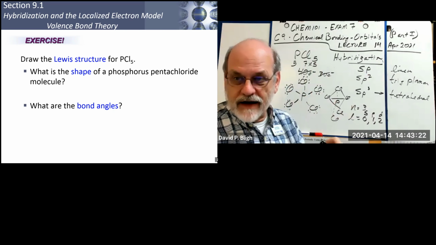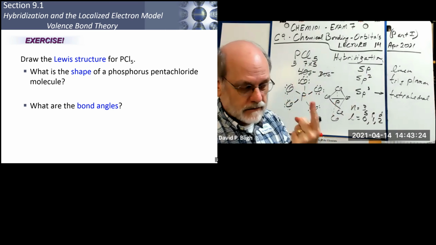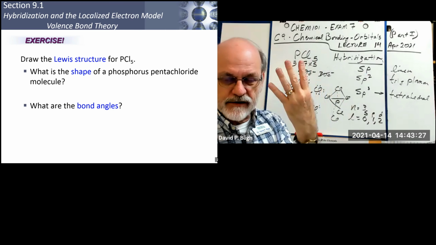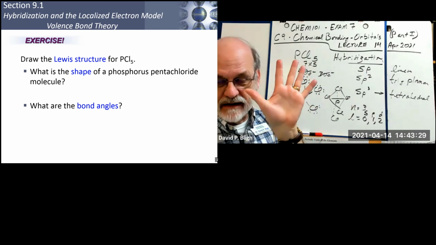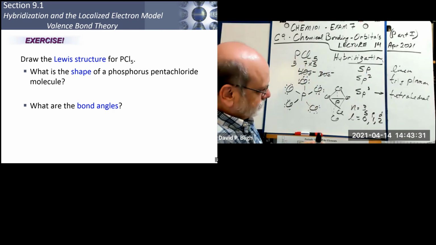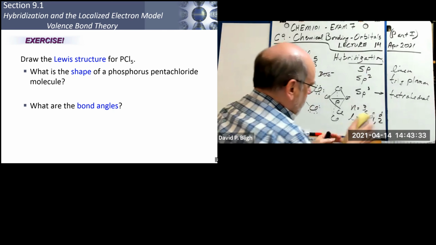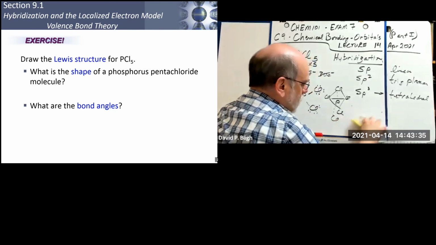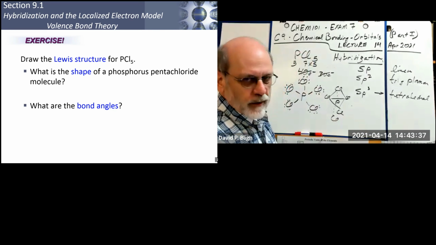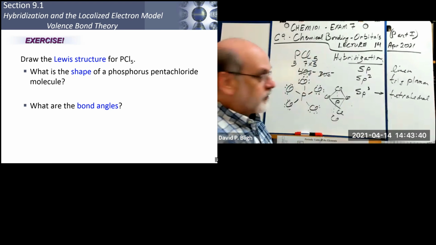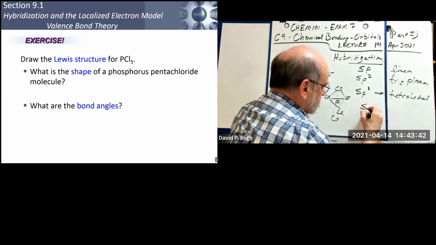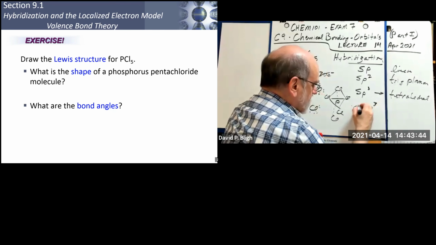So we can hybridize 1 s, 3 p's, and 1 d. So now we're going to do this molecule with 5 equivalent orbitals that are constructed from an s, 3 p's, and a d.